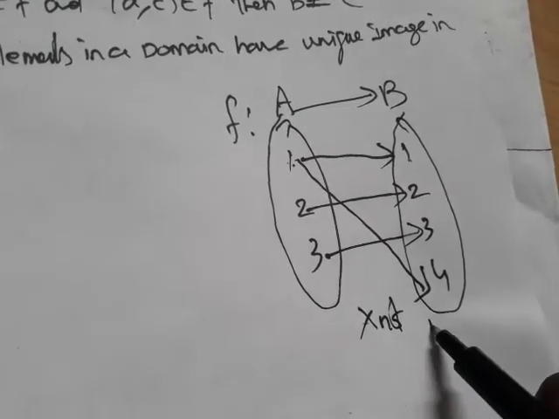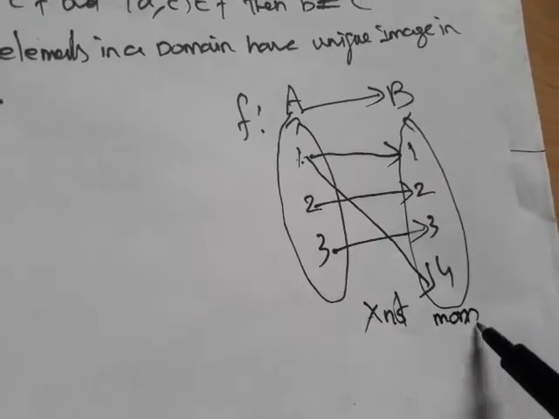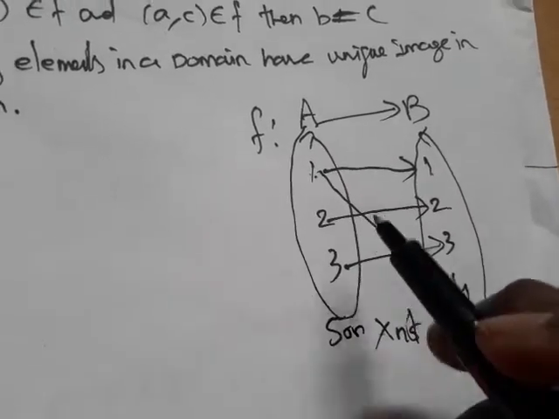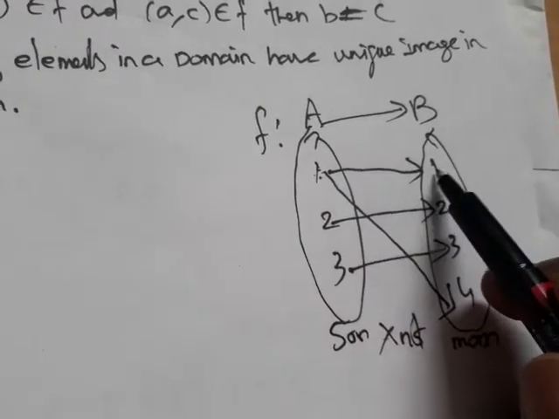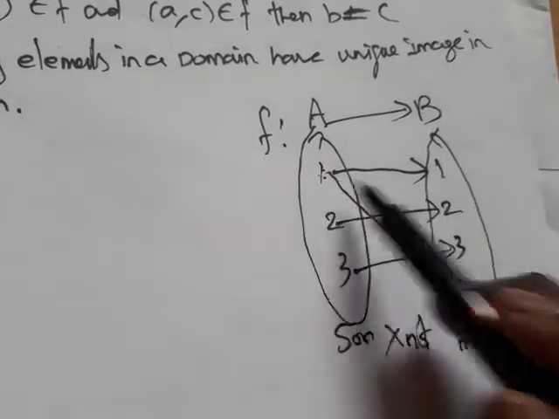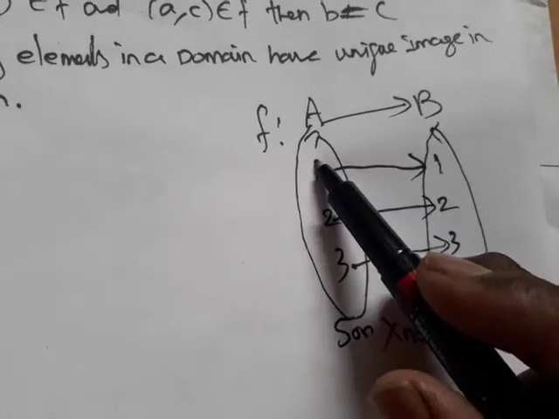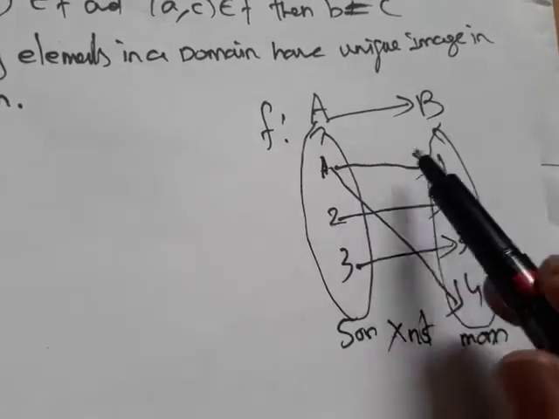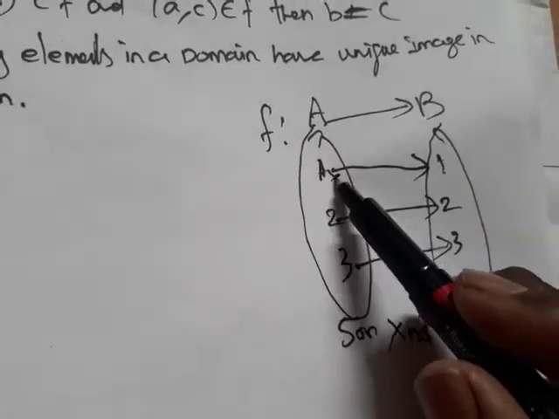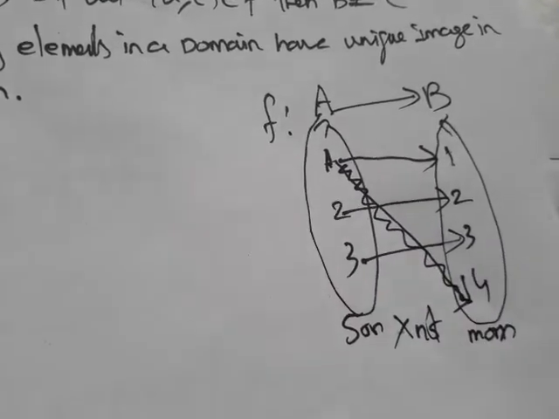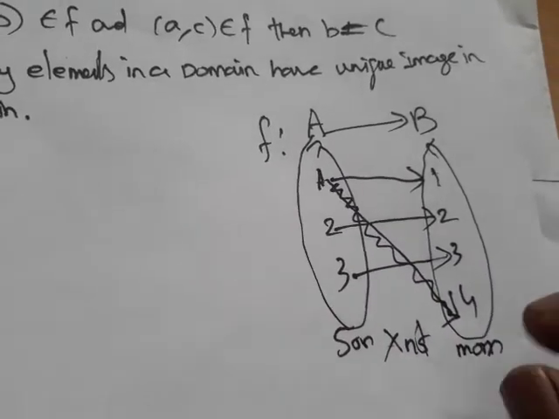We always call the codomain the mom and this the son. Each son has one mom from the codomain, correct? Then how can a particular son have two moms? It does not exist. So we can easily understand with mom and son.